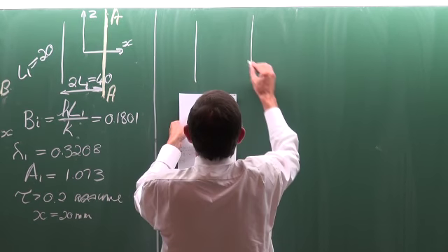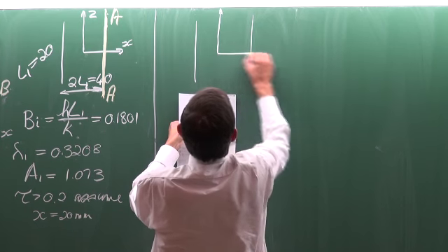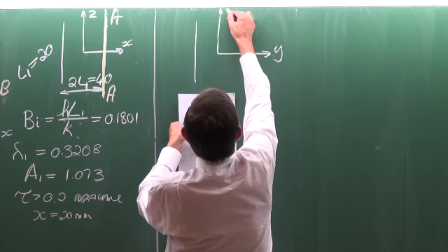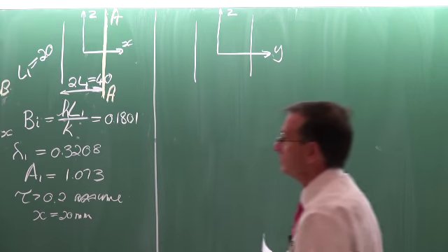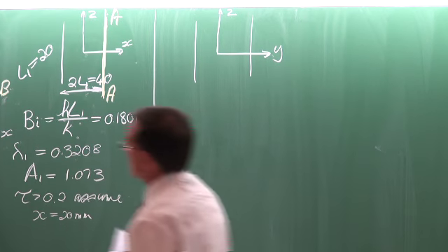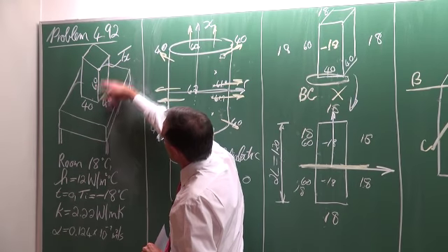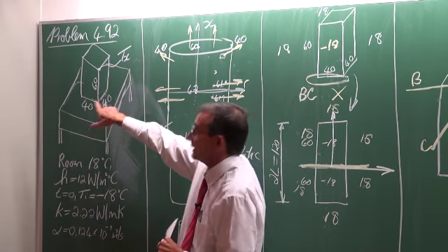And the other wall is now the ZY direction. So that would be this side here, which is also 40 millimeters wide.